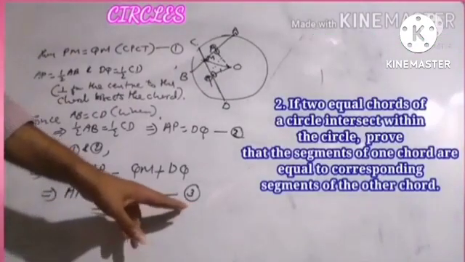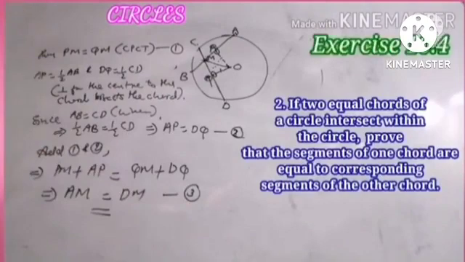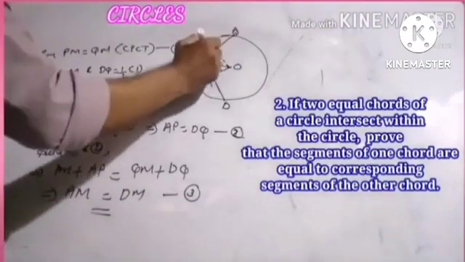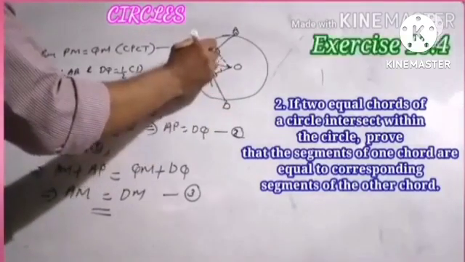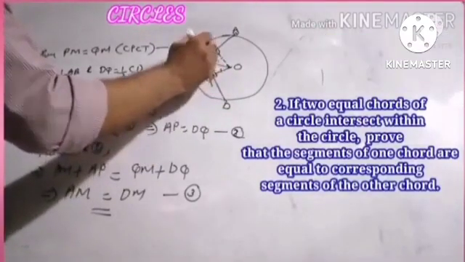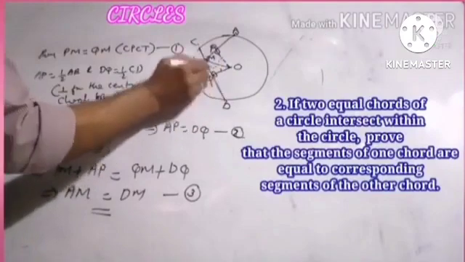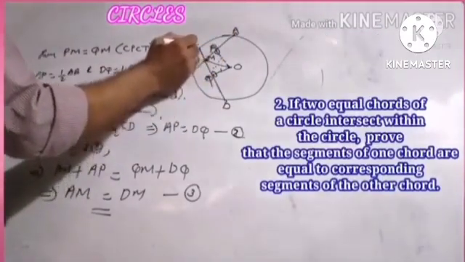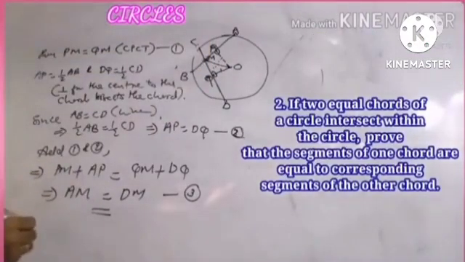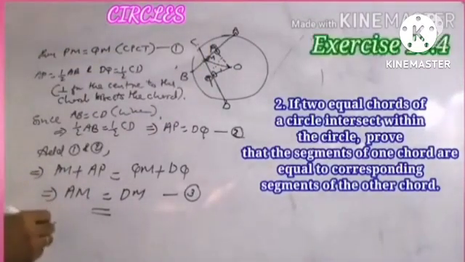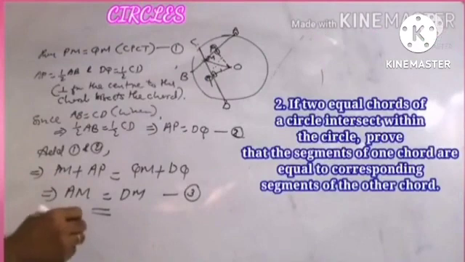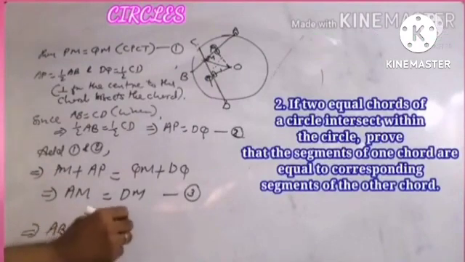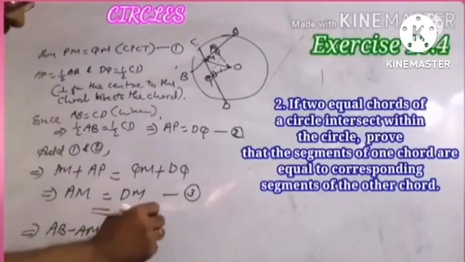Now come to AB and CD, the whole ones. Here AM and DM are equal, equal parts of equal chords. Then the remaining parts are also equal, which implies AB minus AM equals CD minus DM.